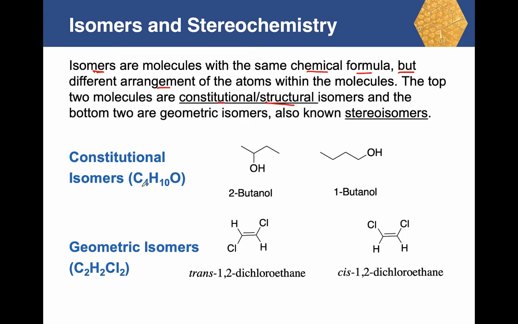Notice here we have C4H10O. So one representation of this is 2-butanol. So notice this carbon here has an OH, a methyl group here, an ethyl group, and of course a hydrogen that's here, that's typically not drawn in the line angle. 1-butanol has the same molecular formula, but the atoms are arranged differently.